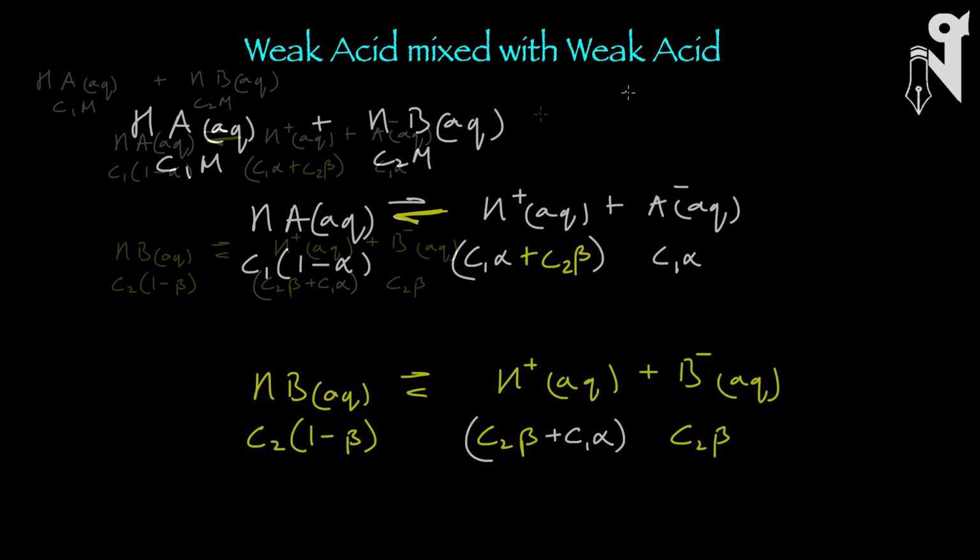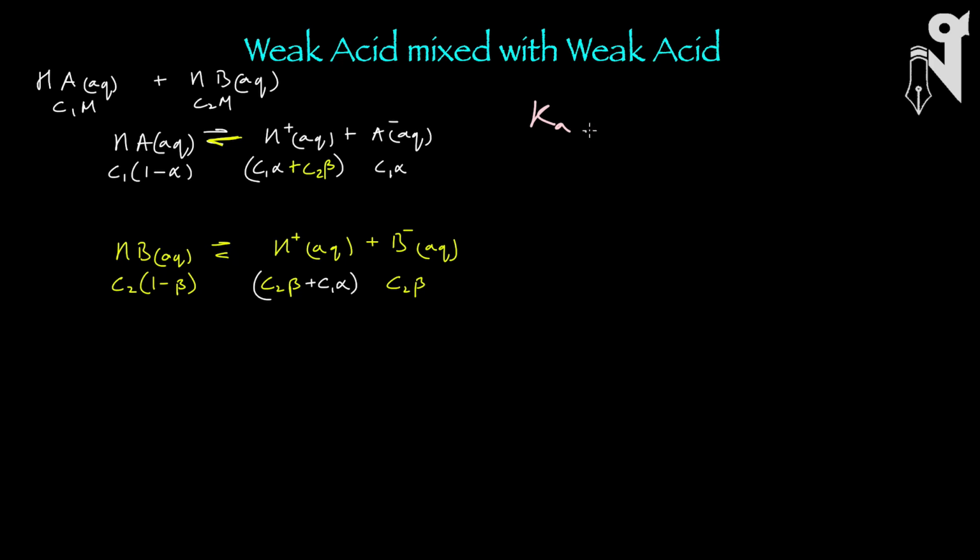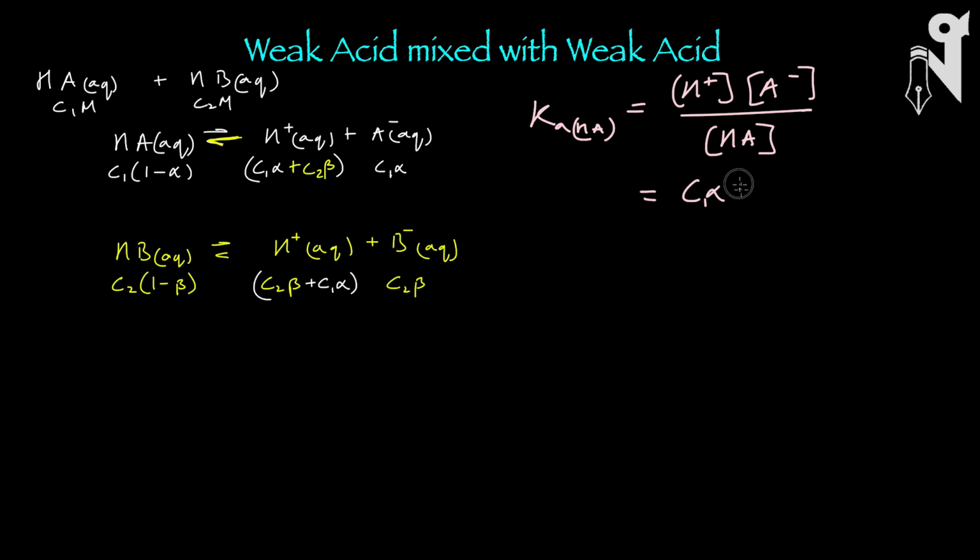If I write the Ka for, say, HA, then that would be H plus multiplied with A minus divided by HA concentration, which would be C1 alpha plus C2 beta times C1 alpha upon C1 times 1 minus alpha.